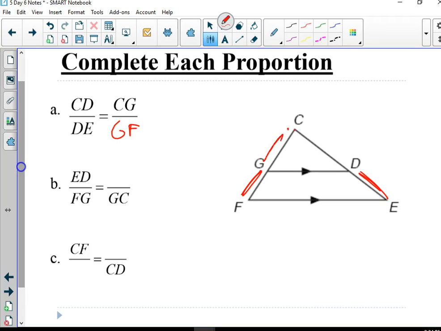The same way GC is proportional to DC. And we've talked about rewriting these. CD to DE, right? So it's really the same thing.